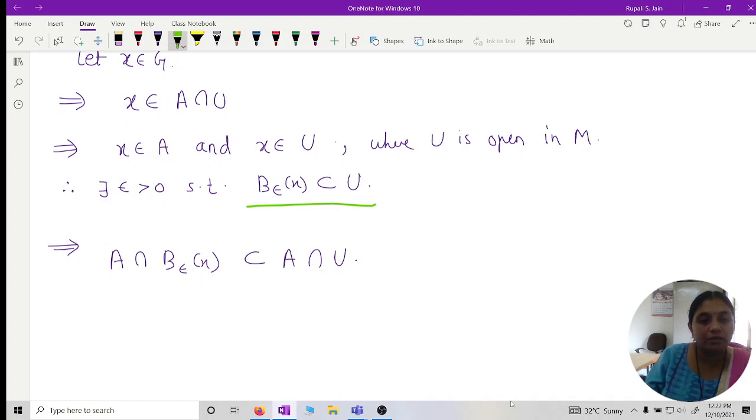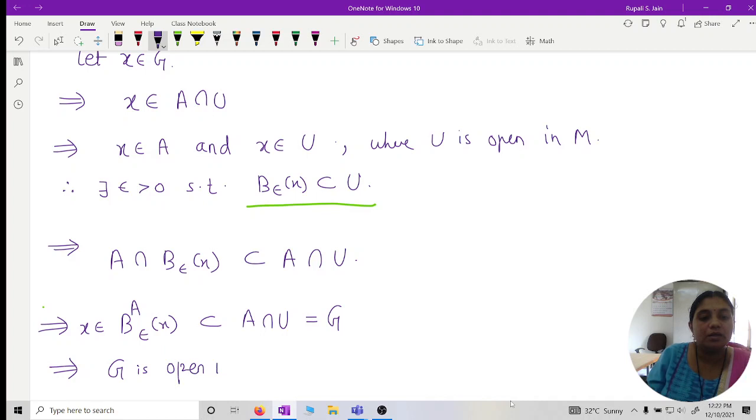And that is nothing but my B epsilon of X in A, which is contained in A intersection U, but it is nothing but my G. So X belongs to B epsilon of X in A, which is contained in G. So this implies G is open in metric space A, D. Is that okay?